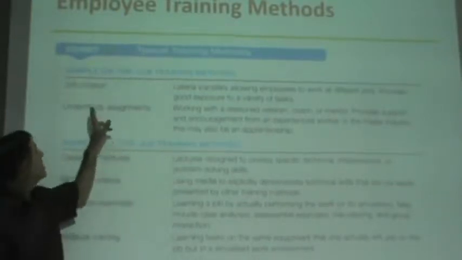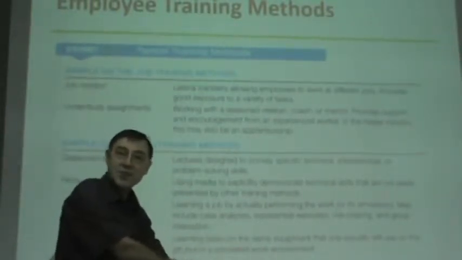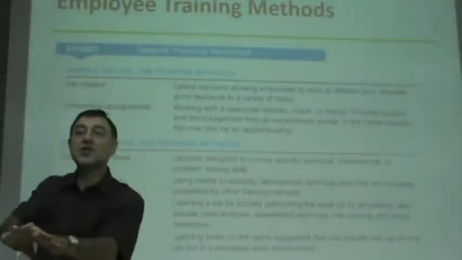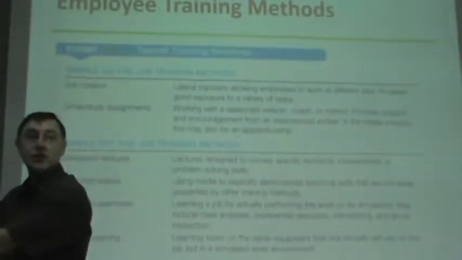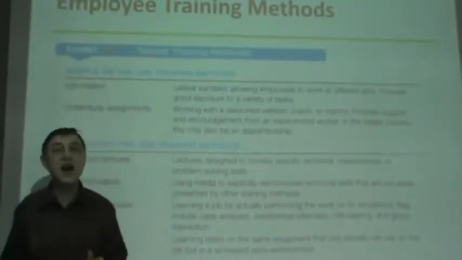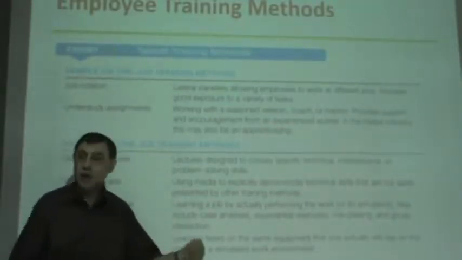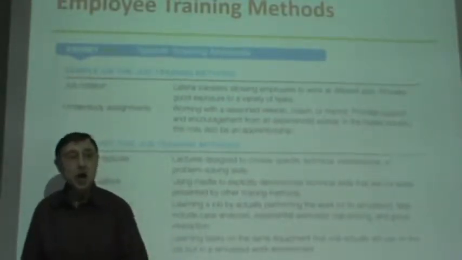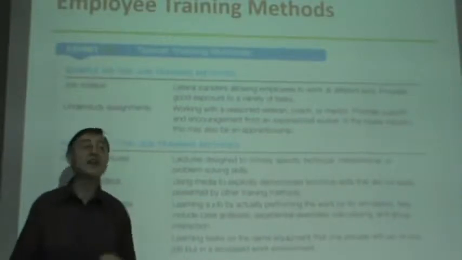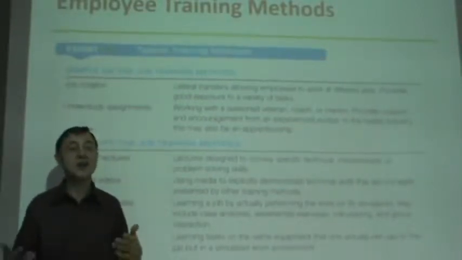The basic idea of rotation is that you go from one position to the next, to the next, to the next, for a sufficiently long period of time, maybe a week, maybe a month, so that you can actually learn the job. And this is a quick and relatively efficient way for you to learn the job.